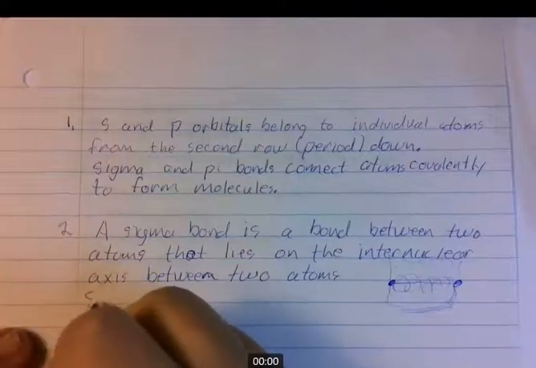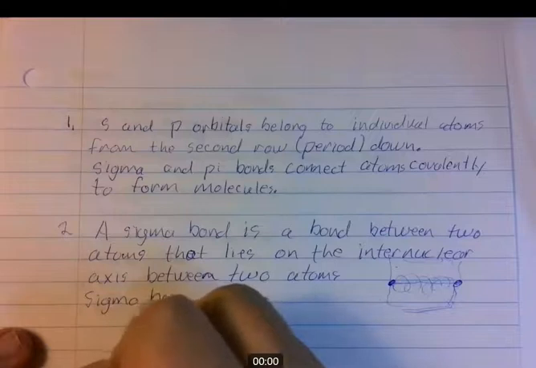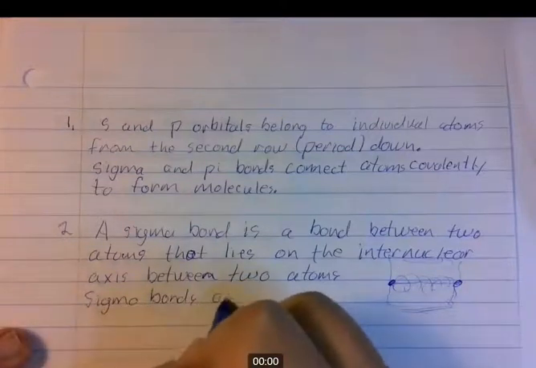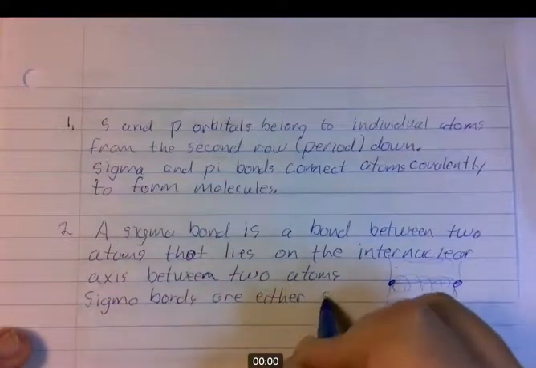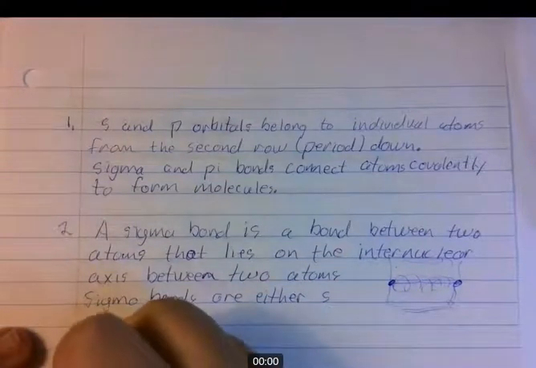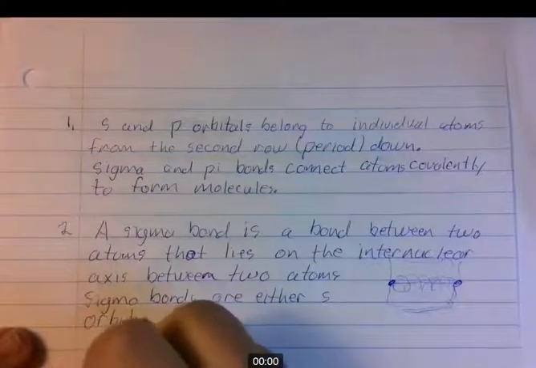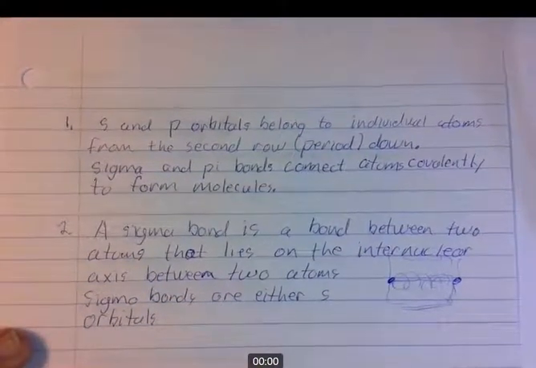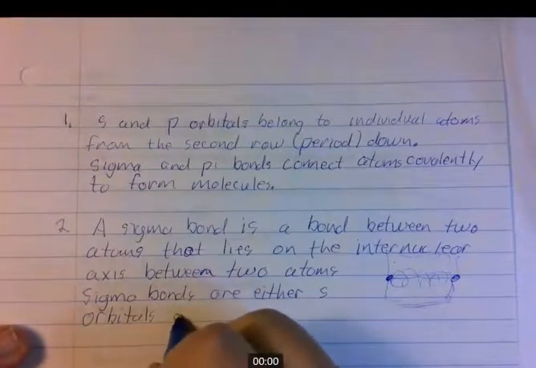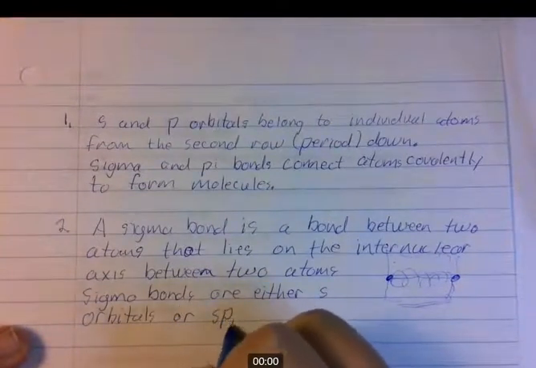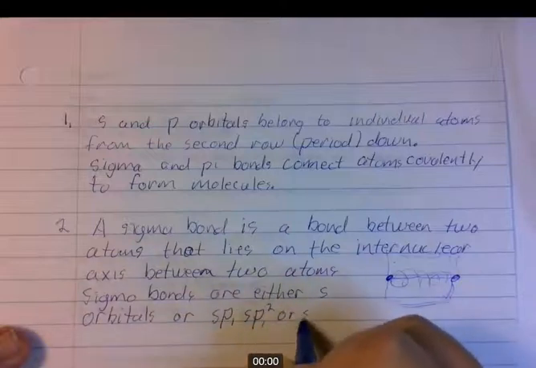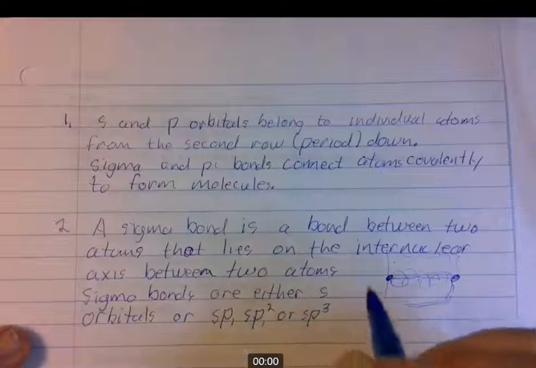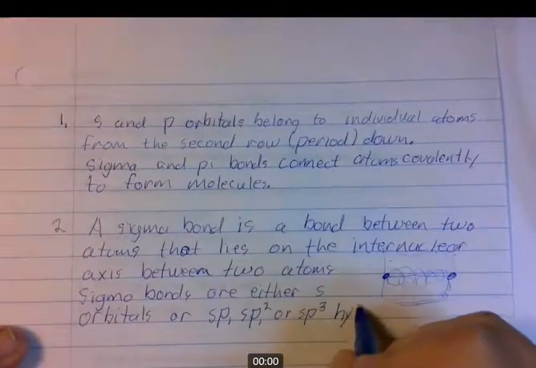Okay, sigma bonds are either s orbitals, such as hydrogen, all hydrogen has is an s orbital, or sp, sp2, or sp3 hybrid bonds.